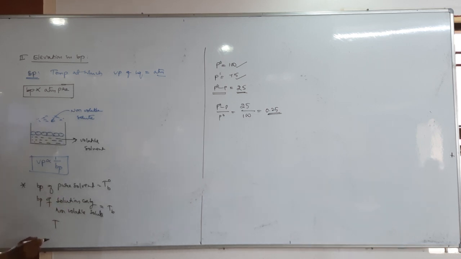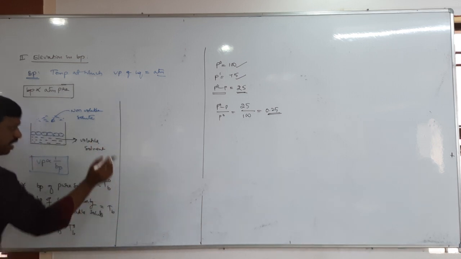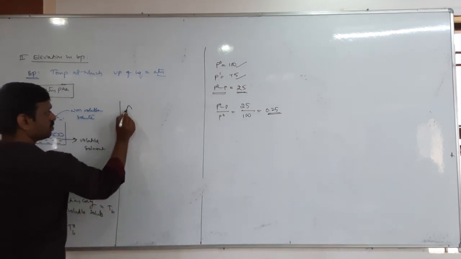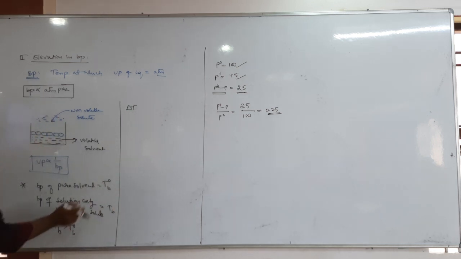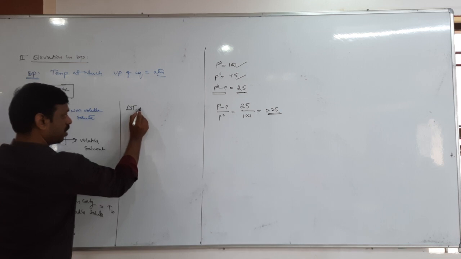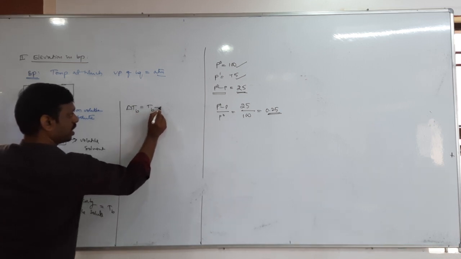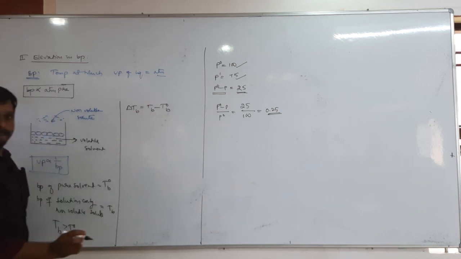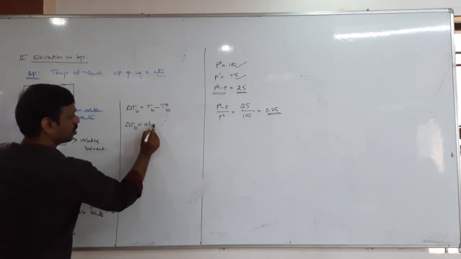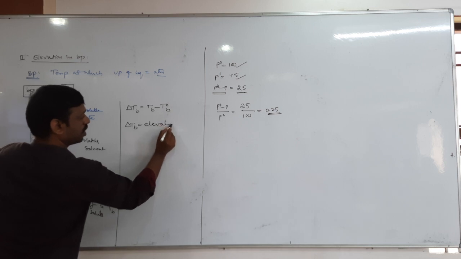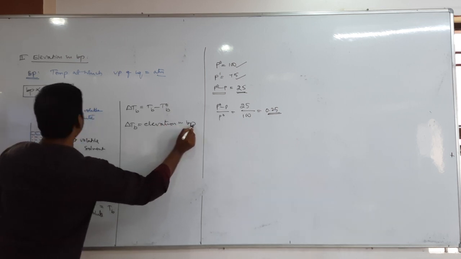The boiling point of the solution is more. Tb is greater than T naught b. So now can we take the difference between T naught b and Tb? Tb is greater, therefore delta Tb equals Tb minus T naught b. Then what is the delta Tb? It is called, tell me, elevation in boiling point.